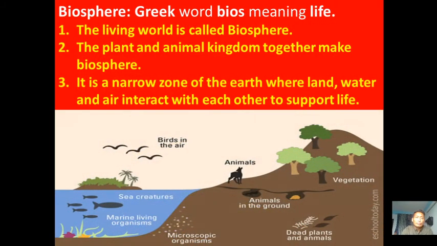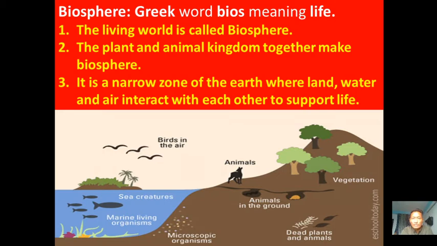The last one is biosphere. The biosphere is derived from the Greek word bios, which means life. So the living world is called biosphere. All the living organisms on this planet are called biosphere.